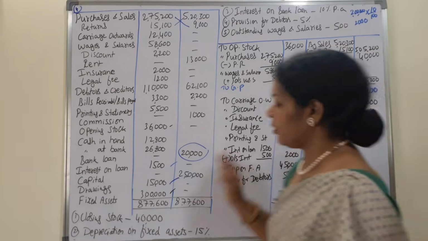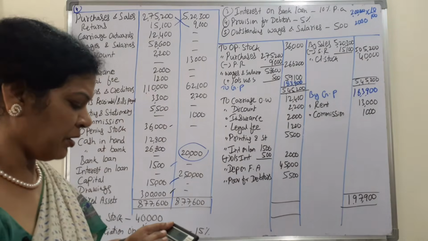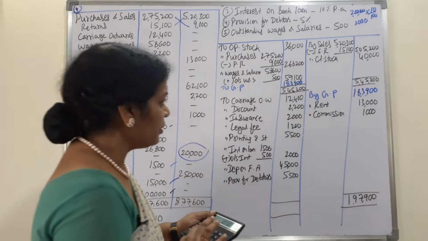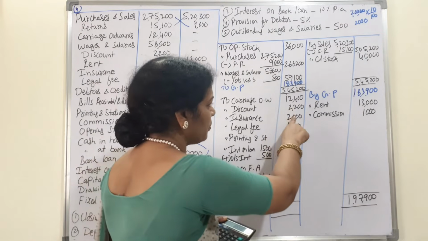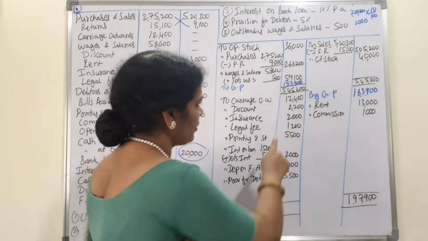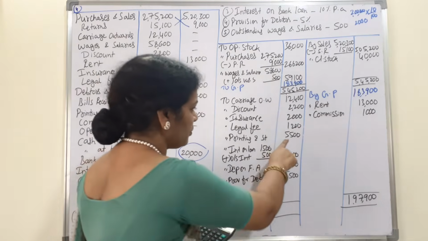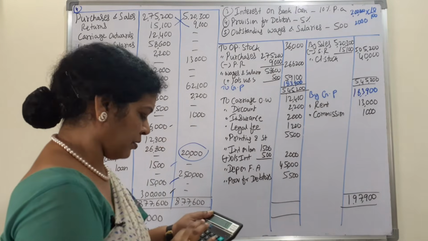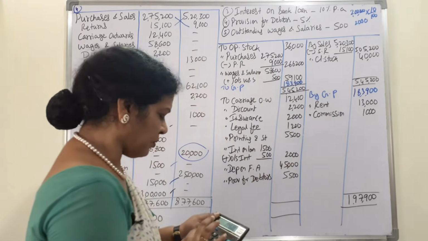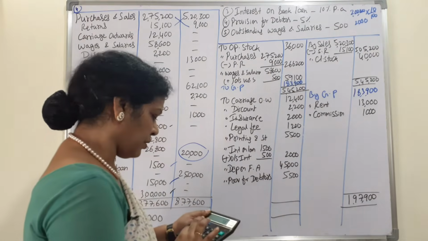Now out of this we'll deduct all the debit side items. 1,97,900 minus 12,400, minus 2,200, minus 1,200 and so on, total 5,400, minus 5,500, minus 47,000, minus 5,500.